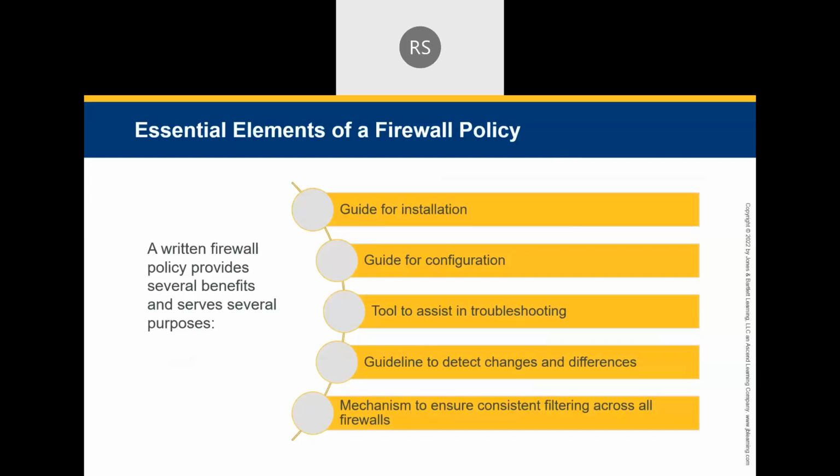So you want to promote a uniform security posture. So you define these standardized rules and configurations, and that is what should be implemented across all of your firewall devices. So this part of the policy really ensures that the firewall policy aligns to the overall organization security policies and objectives.